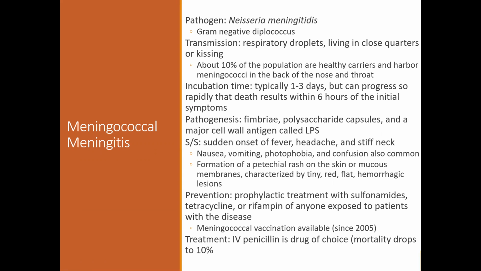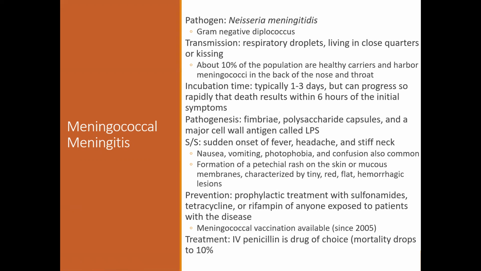The first one we have is referred to as meningococcal meningitis. This is caused by Neisseria meningitidis. And this is spread through respiratory droplets. This one is scary because it can progress so quickly that death can result within just a few hours after symptoms appear.